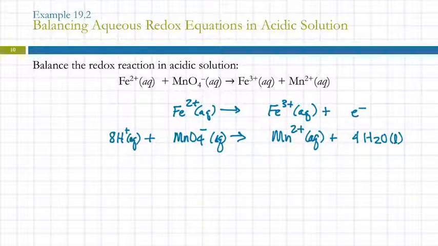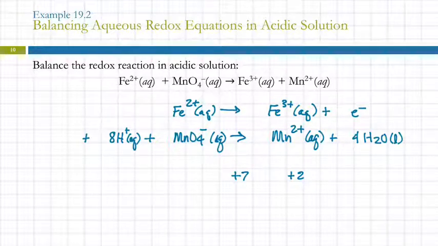On the bottom, we have to be a little more careful because there's charges in 2 different places. So here I have +8 and -1, right? So that's a total of +7 on the reactant side. And what do I have over here? I've got +2. So I need to bring this down by adding 5 electrons.